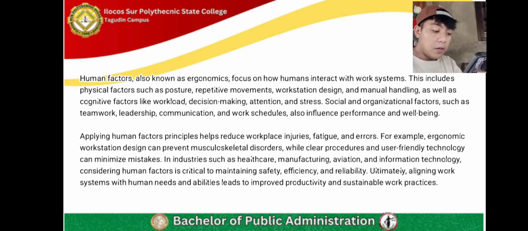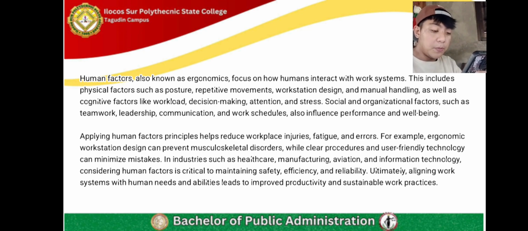Ergonomics, cognitive factors, and schedules also influence well-being in work systems. This includes physical factors such as posture, repetitive tasks, workstation design, attention, and organizational factors.